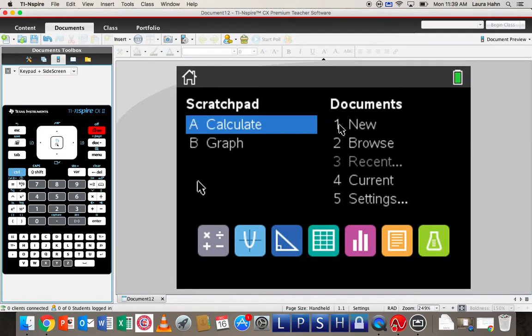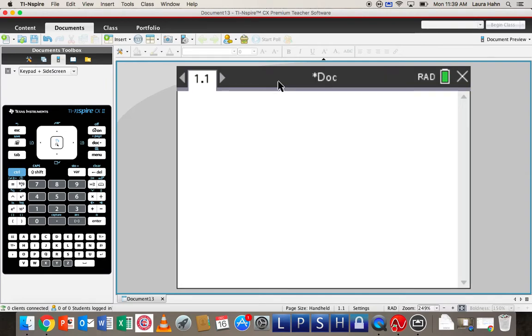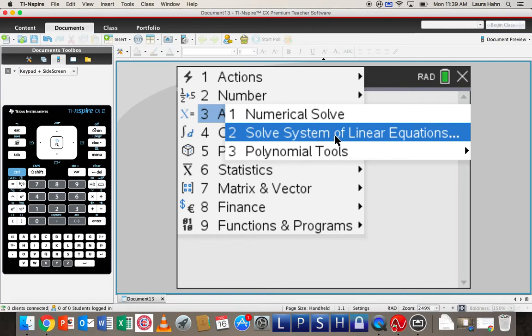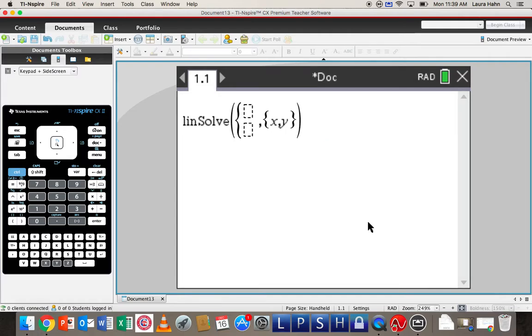But just to show you the other way, we're going to go to a calculator page. And I'm going to press menu, 3, 2. Remember, it's a system. I do not have to change my variables because the variables in those equations are x and y. All right, one box for each equation. So in the top box, 10x minus y equals 56.